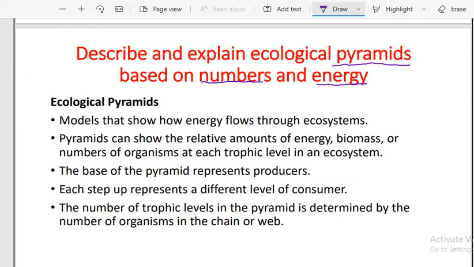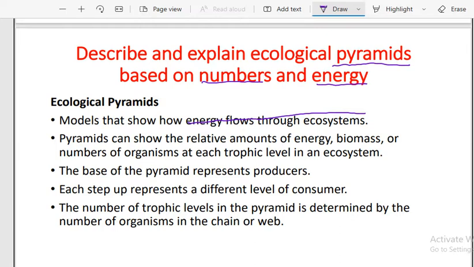Numbers simply means the total number of organisms at a particular trophic level, while pyramid of energy is a model that shows how energy flows through an ecosystem.